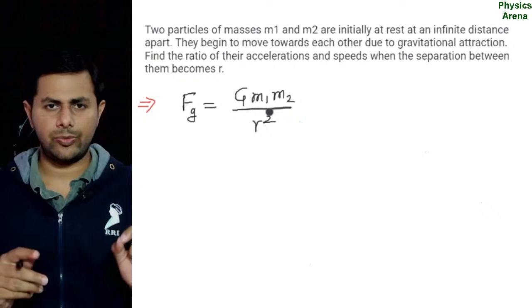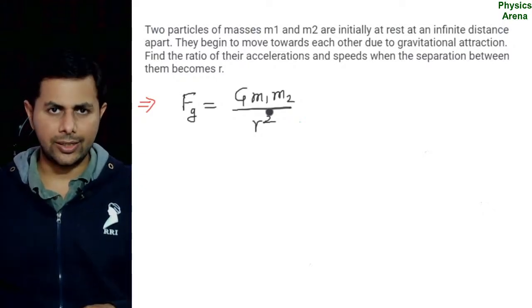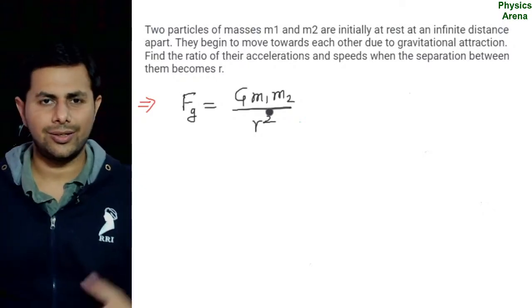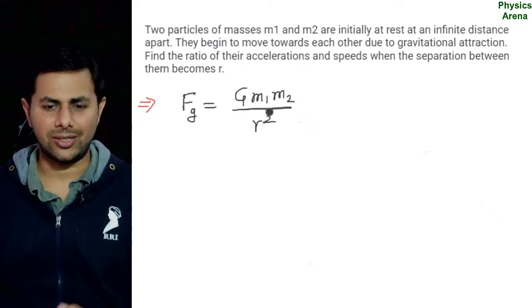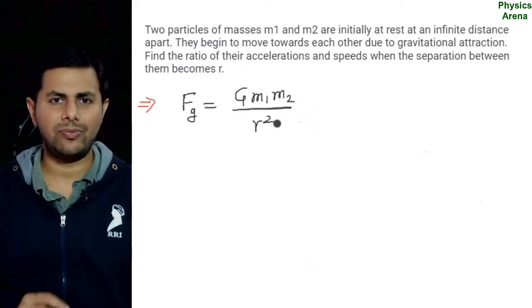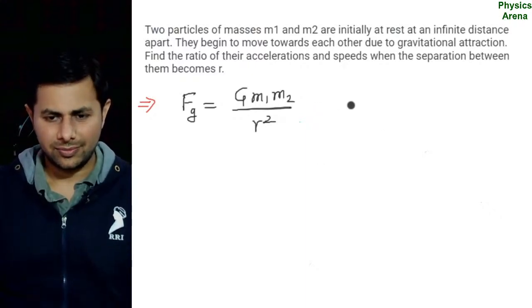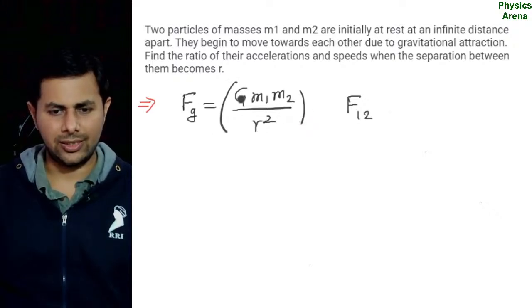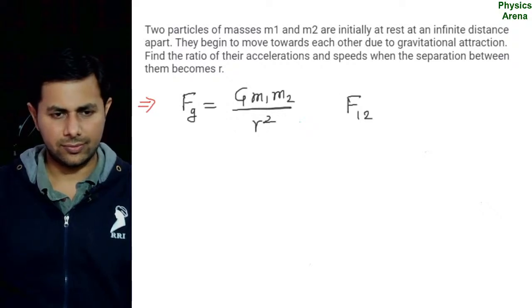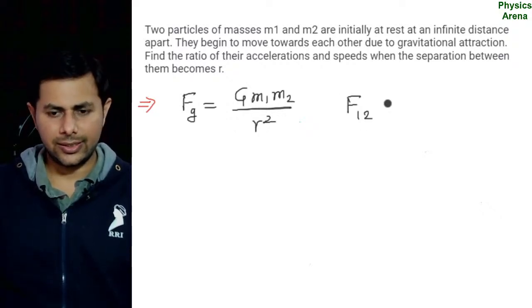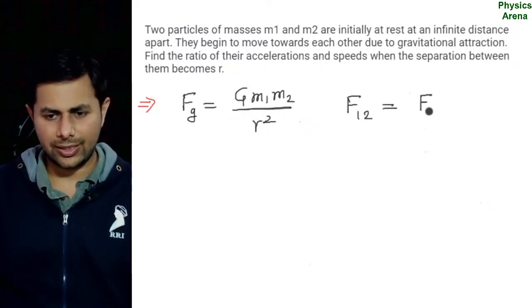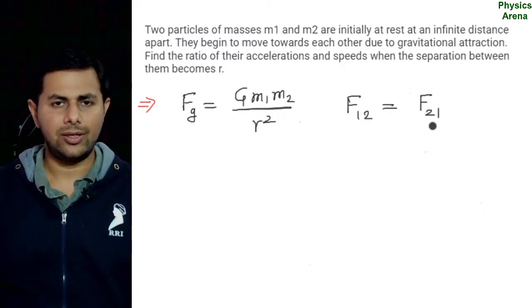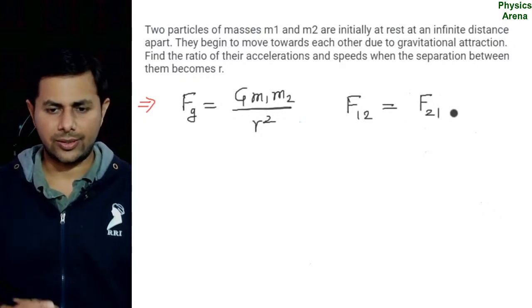This is the force on the first particle due to the second particle, as well as the force on the second particle due to the first particle. We know this is true from Newton's third law. So the force on the first particle due to the second particle is this, and that is equal in magnitude to the force on the second particle due to the first particle.